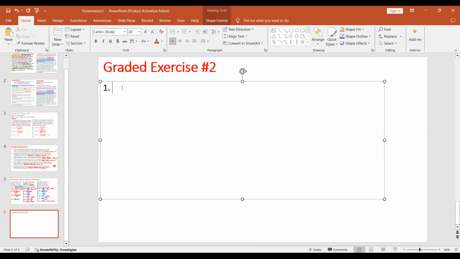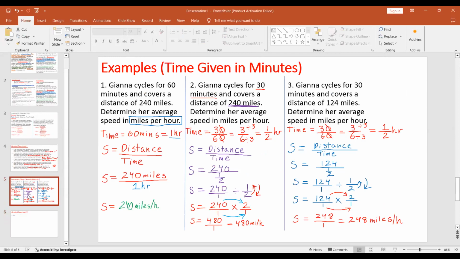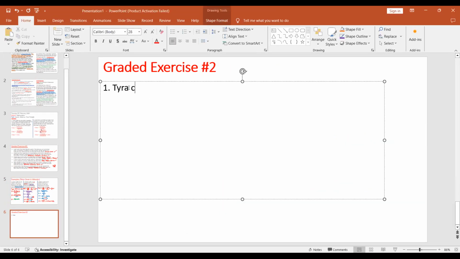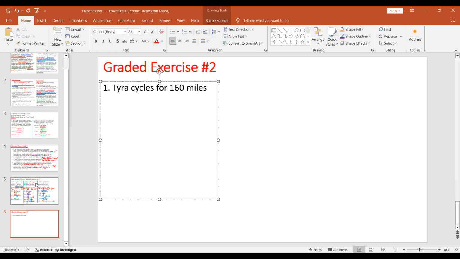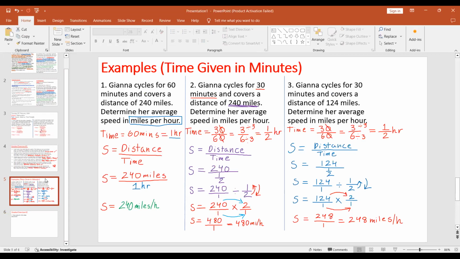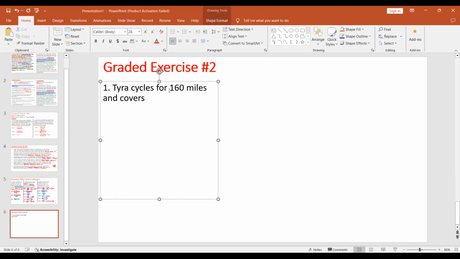Number 1, let's say Tyra cycles for 60 minutes and covers a distance of 160 miles. Determine her average speed.